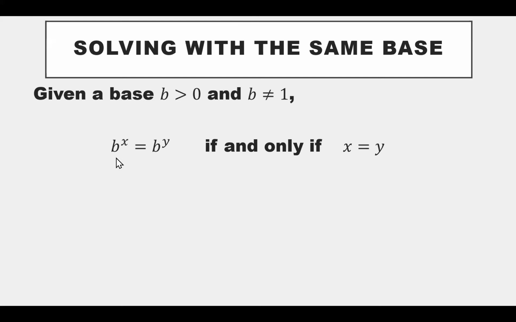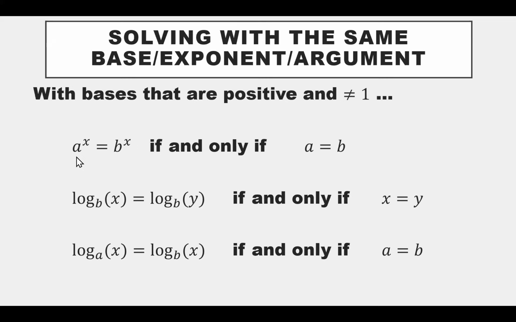Now, I do want to emphasize one more time that the whole entire left-hand side is base to a power. The whole entire right-hand side is base to a power for this thing to work. For us to be able to do this solving with the same base, or this solving with the same exponent, I need to have that same exponent and it not be 0.